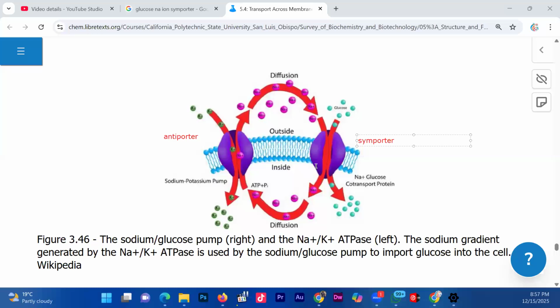So that is what happens. That's why someone's sweat will become sweet. This mechanism here applies especially to the absorption of glucose.